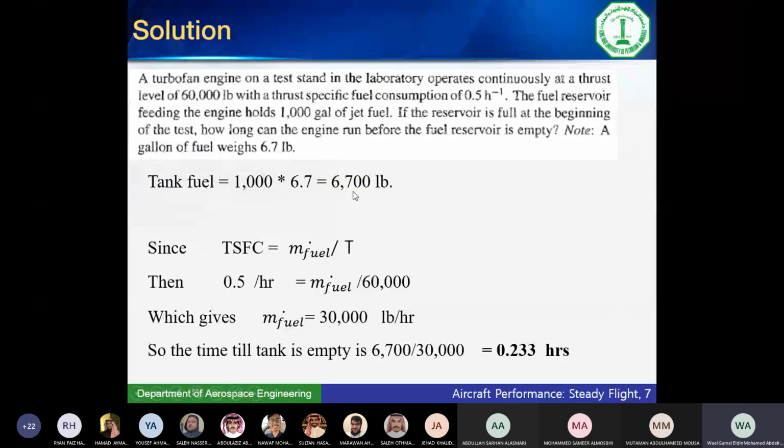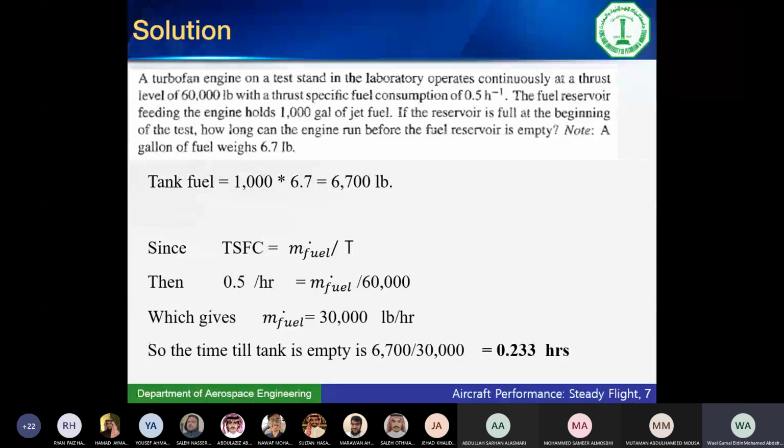It's m dot fuel divided by the thrust: how much fuel you have to pay per second in order to get 1 pound of thrust. Well, we know the thrust is 60,000. We know the thrust specific fuel consumption is 0.5 per hour. So the only unknown here is the mass flow rate or the weight flow rate.